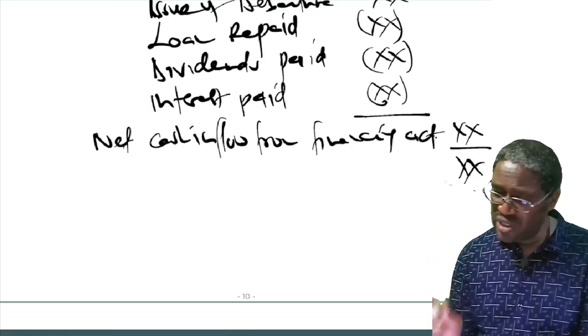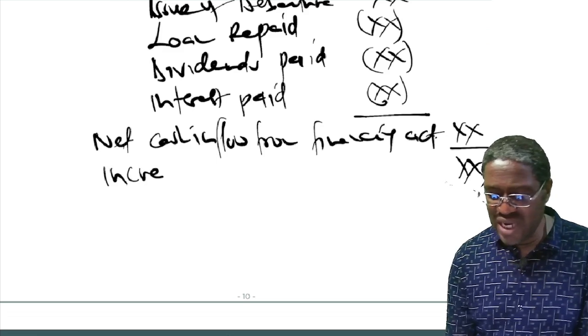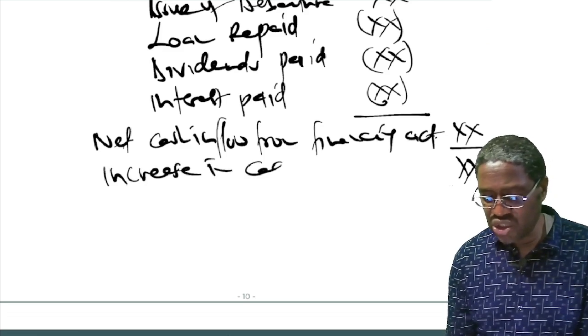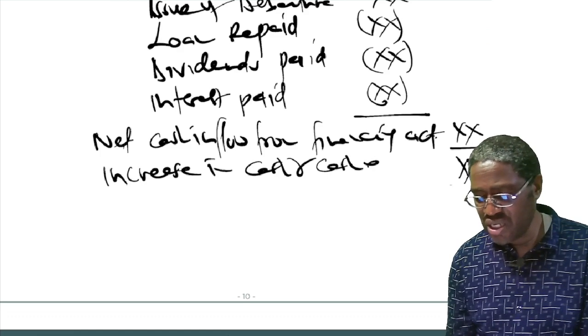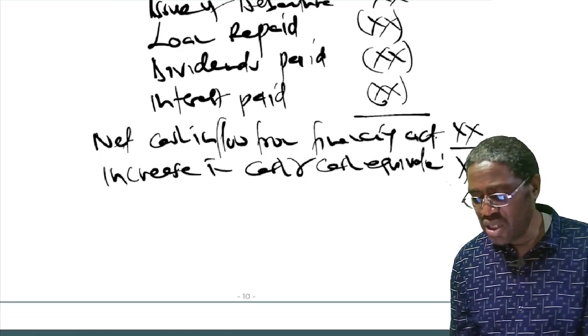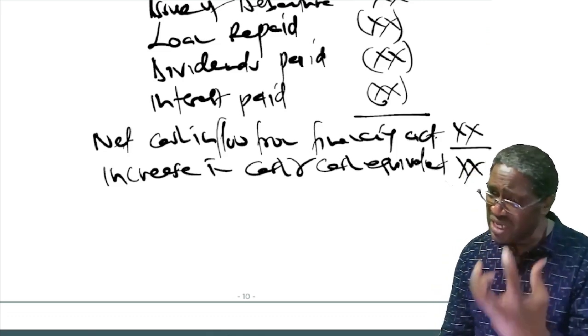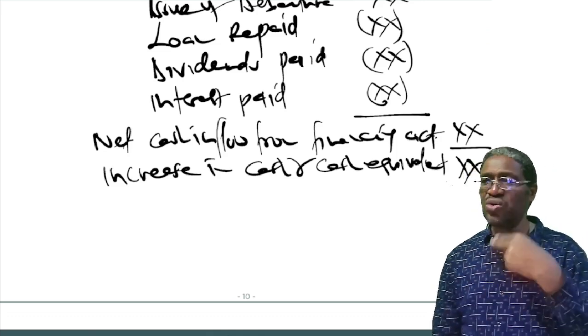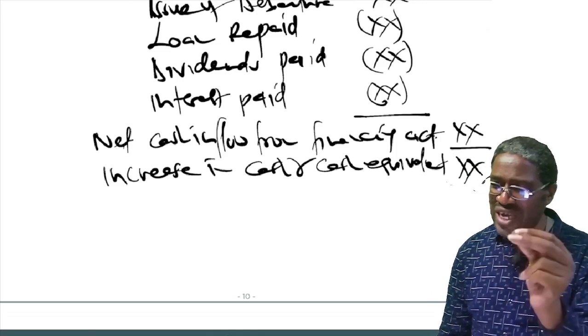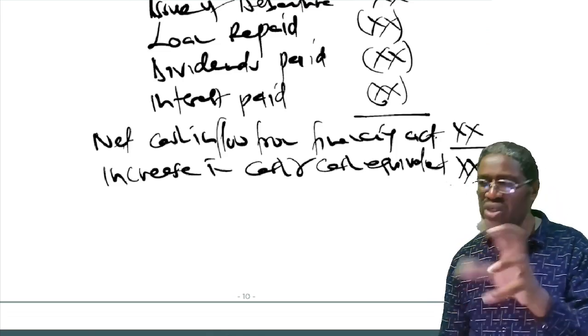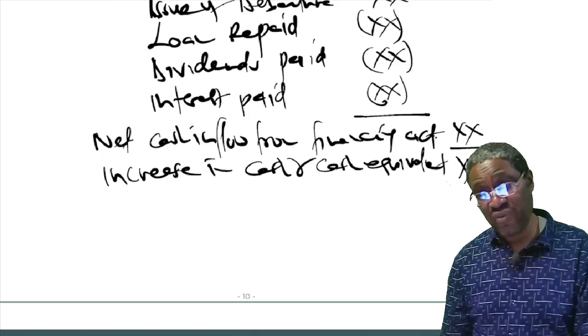If it's positive, call it increase in cash and cash equivalent. If it's negative, call it decrease in cash and cash equivalent.